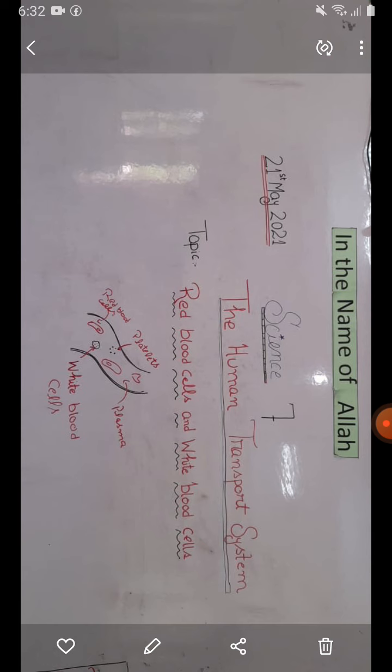As they have a nucleus, white blood cells can live for a longer time compared to red blood cells. White blood cells are made in the bone marrow. In 1 cubic millimeter of blood, there are about 6,000 white blood cells. White blood cells help to defend the body against diseases.